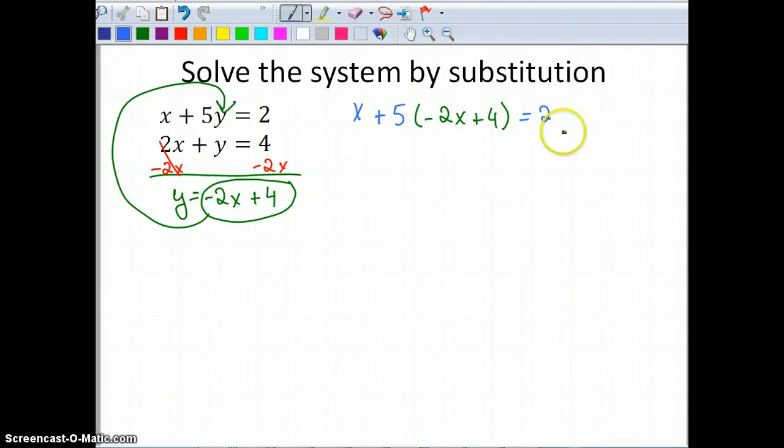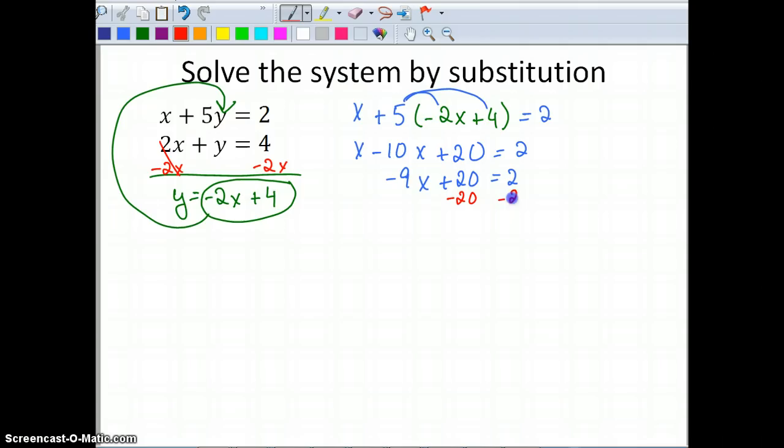Notice the only variable that I'm working with right now is x. So I have x plus, oops, let me distribute. Positive 5 times negative 2x, that's minus 10x. 5 times 4, that's going to give me a plus 20. Is equal to 2. Combine my like terms. I have negative 9x plus 20 is equal to 2.